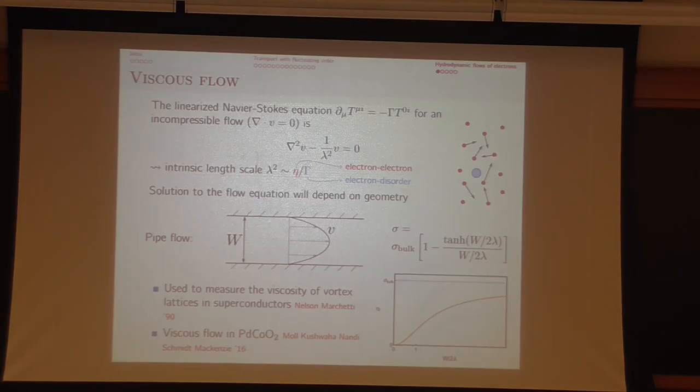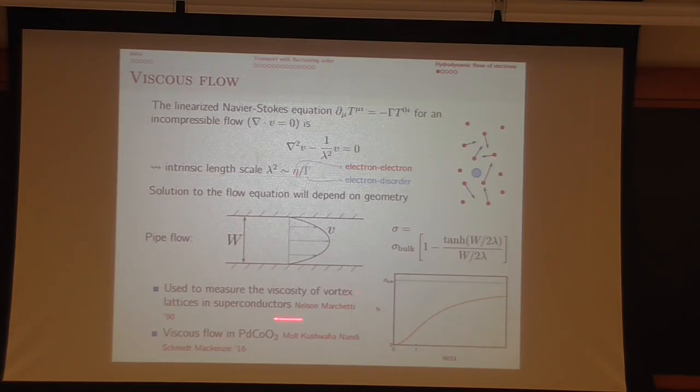For very large widths, the velocity will just be constant and will be described by momentum relaxation. But when the width is small, the boundary conditions are more important, and this gradient knows about viscosity. Viscosity basically tells you how fast gradients can change. So the viscosity will be important for small widths, and momentum dissipation will be important for large widths. If you can find the width dependence of this conductivity, you can measure the viscosity of your system.